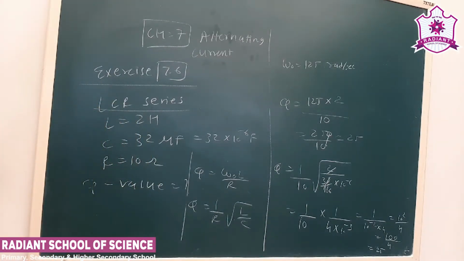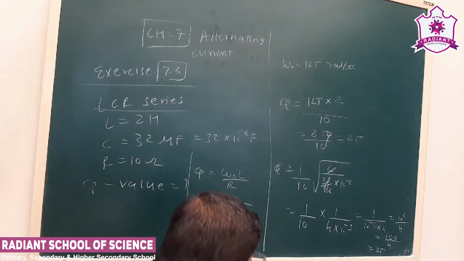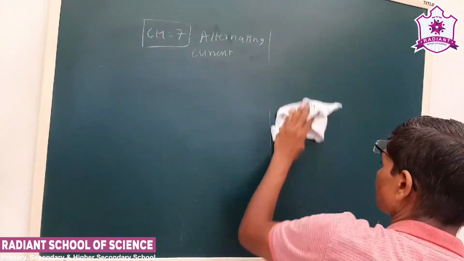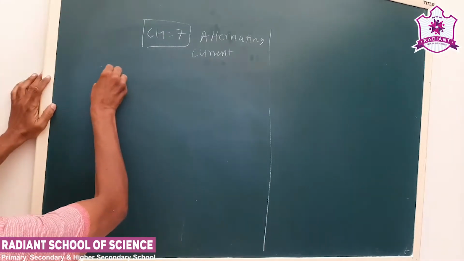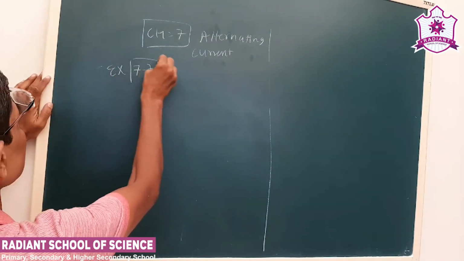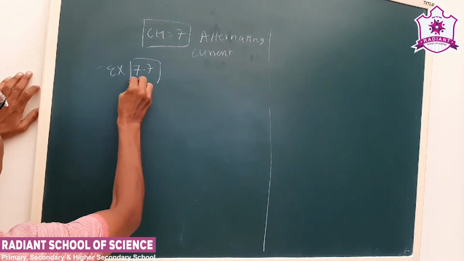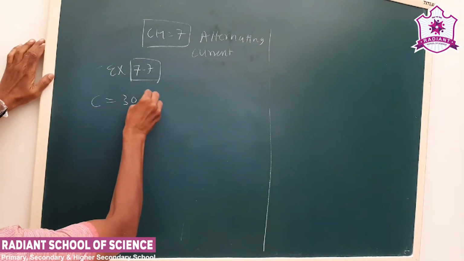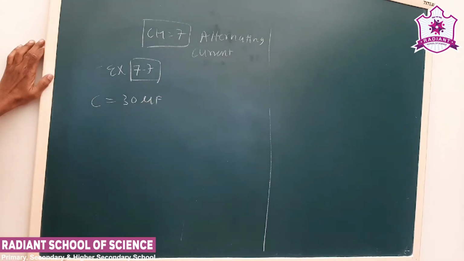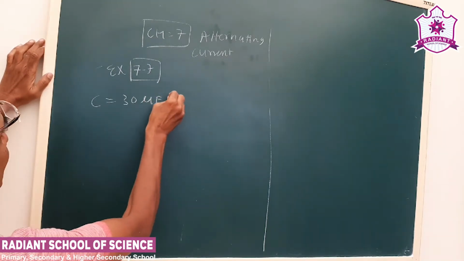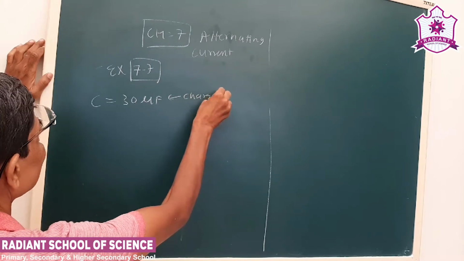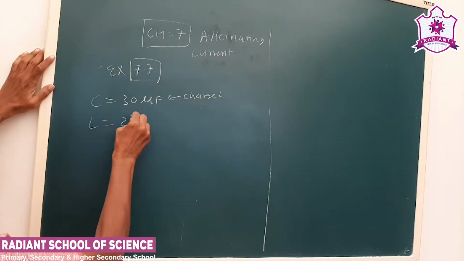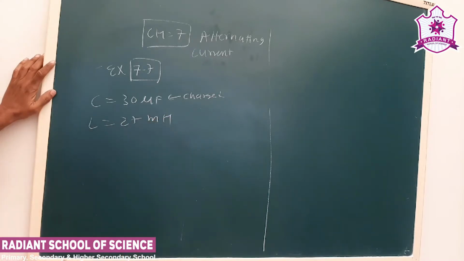Now next is exercise sum number 7.7. The question says a charged capacitor of 30 microfarad is charged, the battery is removed, and an inductor of 27 millihenry is connected in series.